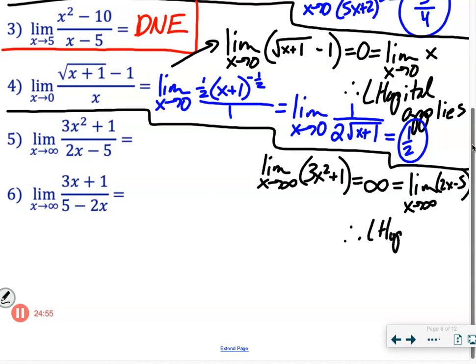Therefore, L'Hopital applies. Take a second to find the derivative of the top and the derivative of the bottom.